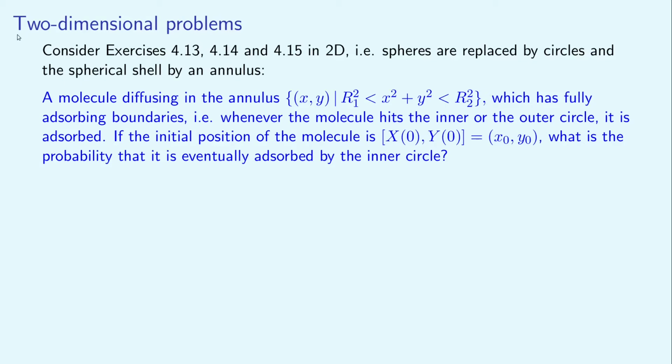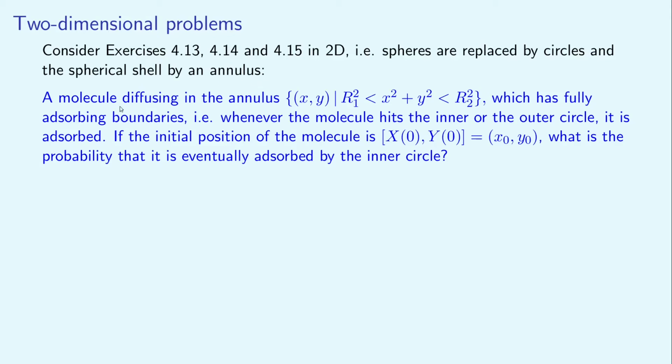To get some insights into the two-dimensional case, you could solve exercises 4.13, 4.14 and 4.15 in 2 dimensions. That is, spheres will be replaced by circles and the spherical shell by an annulus. In 2D, our question can be formulated as follows.